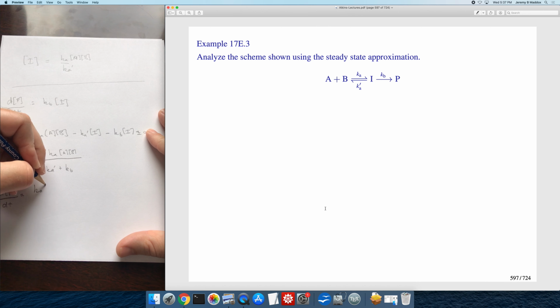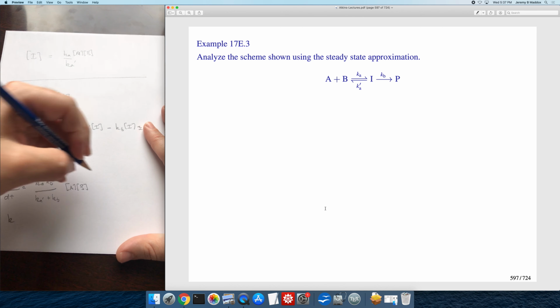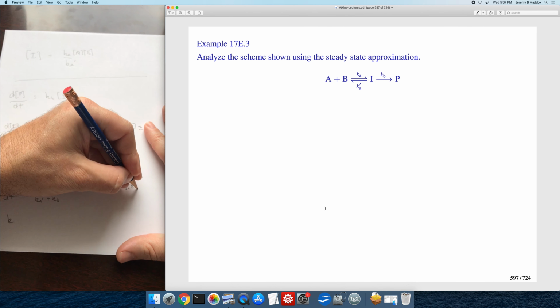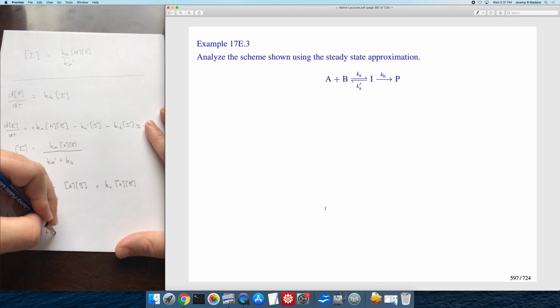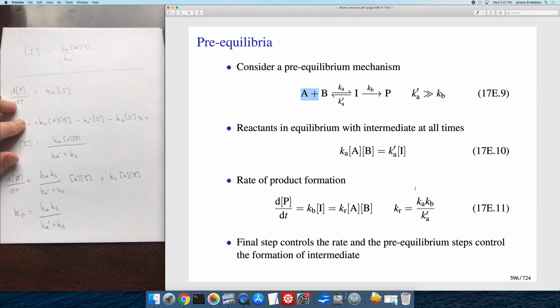We get Ka Kb over Ka prime plus Kb. We see that our effective rate constant here is Ka Kb over Ka prime plus Kb, which if we compare to what we had before, is not quite the same.